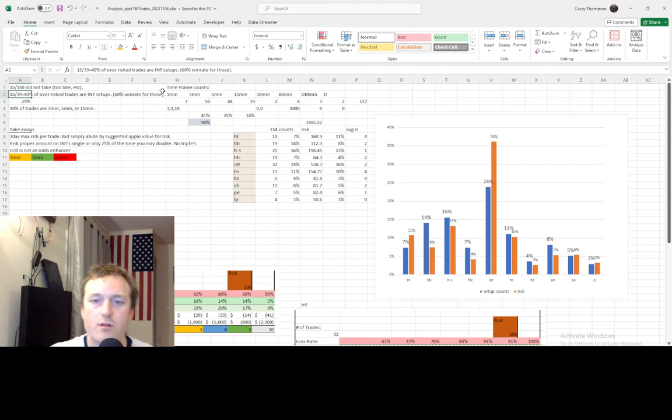I think it's important to note that 40% of my over-risked trades, that I risk more money on than I should, because I have an allocated risk for each trade, it tells me exactly what I should be risking, and I see it beforehand, but I end up risking more by my own choosing.